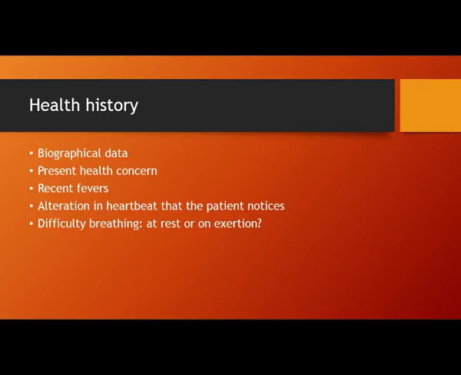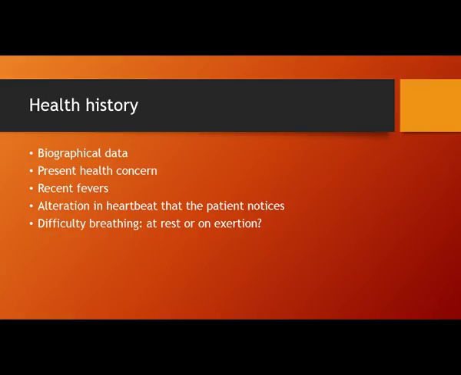In the health history, as always, you would begin with biographical data. And then present health concern. It could be just a routine physical, a wellness visit, where they wouldn't necessarily have a present health concern, but if they do, then you'd go to that. Then you'd ask about recent fevers.